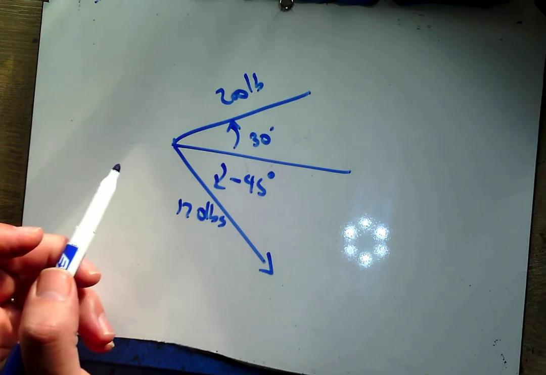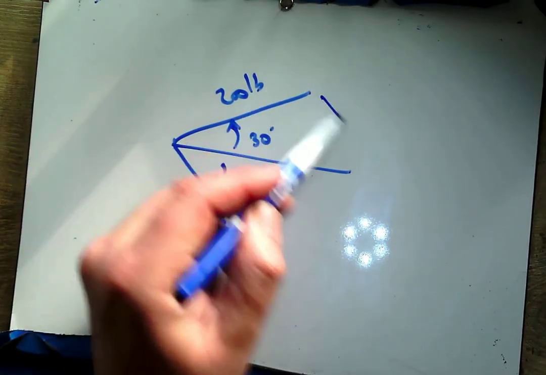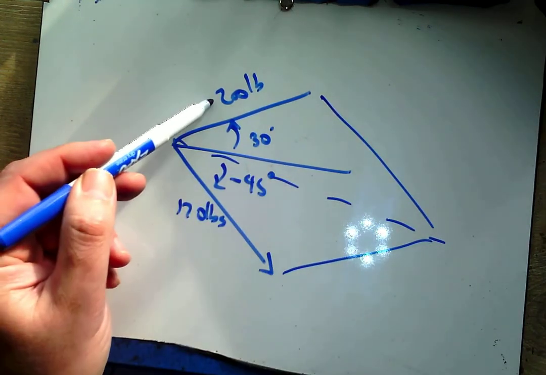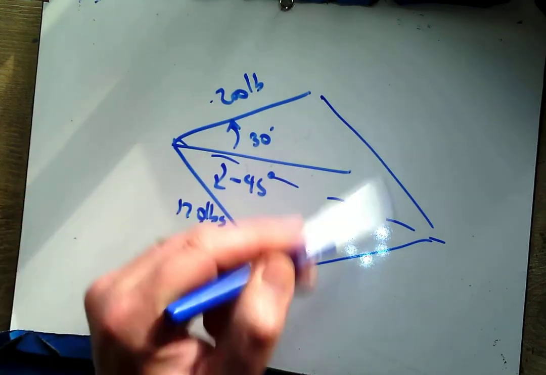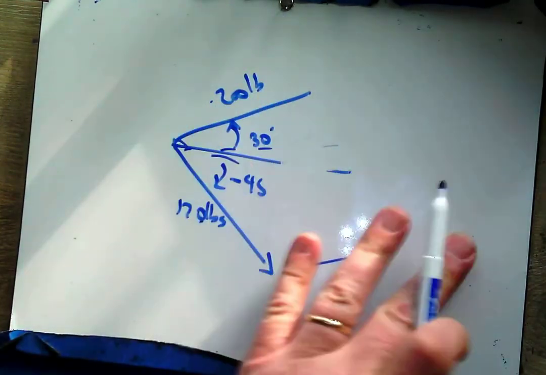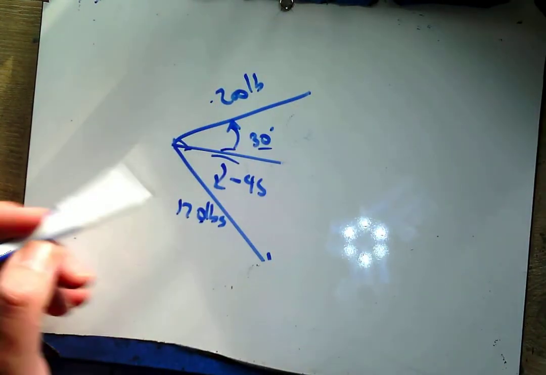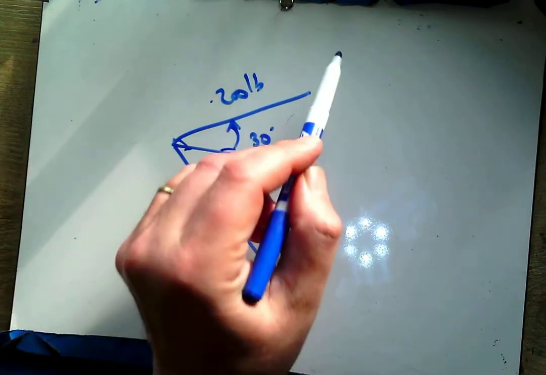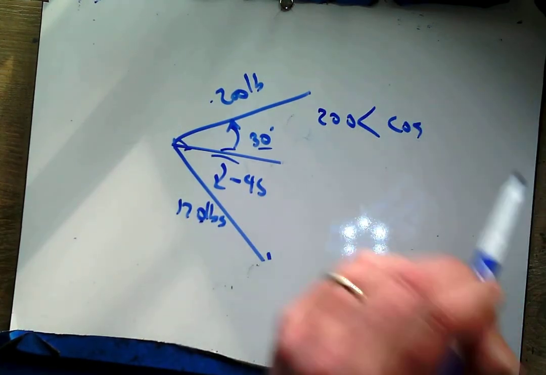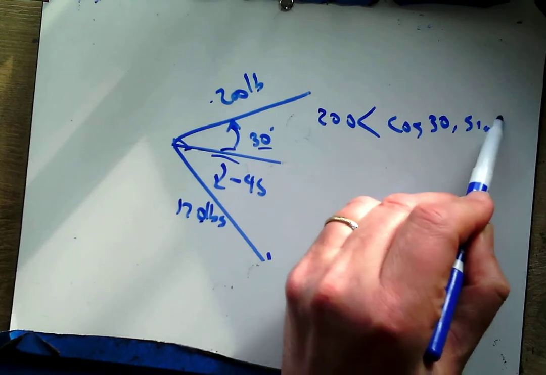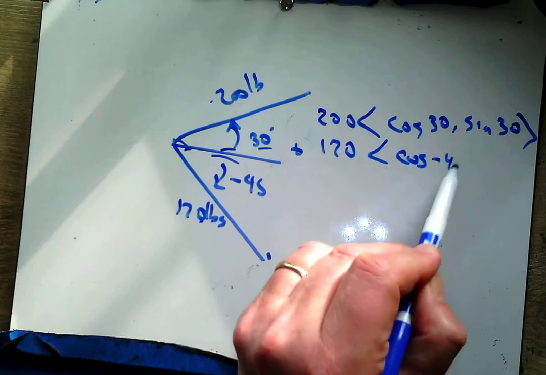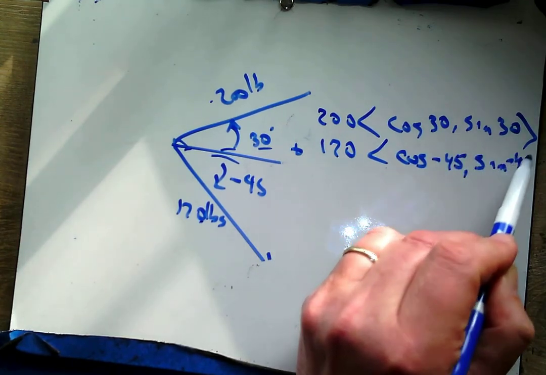So I find that when I add these together, I'm going to end up with something that looks like that. But you know, this one's longer than this one, and so maybe it's supposed to actually be over there. So let's just be mindful of that, and then just really basically recognize that this is just adding vectors together. We're going to use that form where we have our magnitude, cosine 30, sine 30 plus 170 cosine negative 45, sine negative 45.